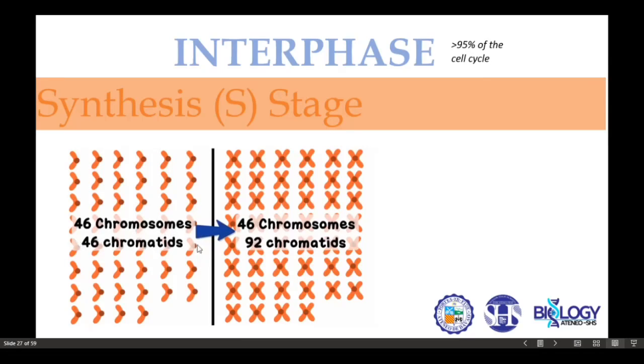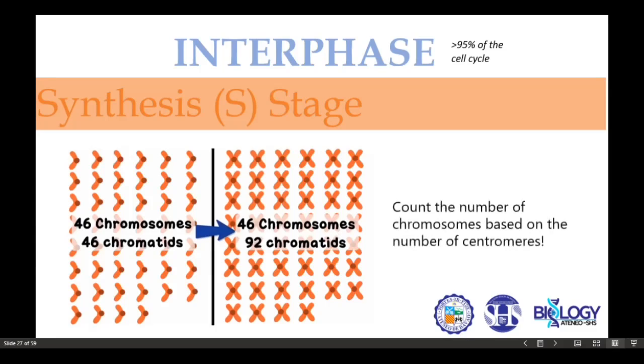After the synthesis phase, we will now have 92 chromatids. So each chromatid now has a partner, and they are now called sister chromatids. In this case, we have 92 chromatids. However, we still only have 46 chromosomes. Just a tip: count the number of chromosomes based on the number of centromeres.